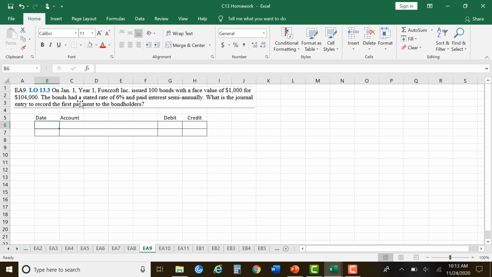It says we are paying 6% semi-annually. So it's going to be the $100,000 bond times 6% times semi-annually, so 0.5. That's going to be our interest. So 100,000 times 6% times 0.5.